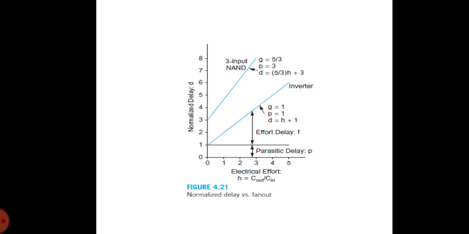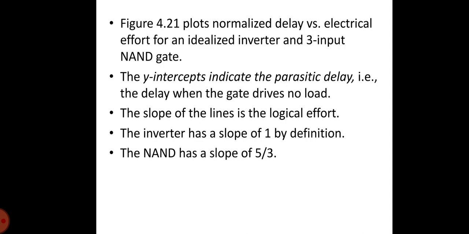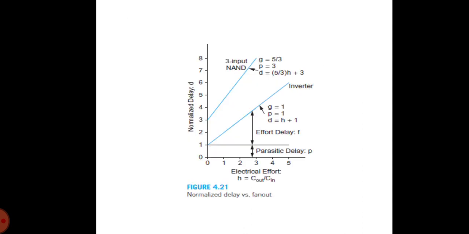And this figure plots the normalized delay versus electrical effort for an idealized inverter and 3-input NAND gate. The y-intercepts indicate parasitic delay, the delay when the gate drives no load. The slope of the lines is the logical effort, and the inverter has a slope of 1 by definition, and the NAND has a slope of 5/3. So you can see this in this diagram, and the parasitic delay is denoted by the letter p.